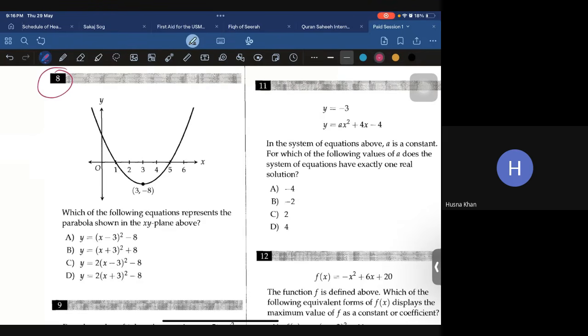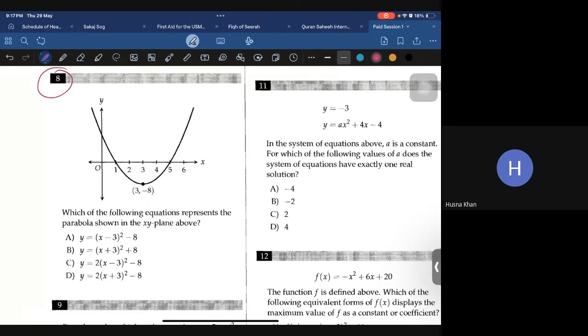ठीक है, some people are saying A, some are saying C. ठीक है, so let's see. So the first hint that they've given to us is, okay, the turning point is 3 comma minus 8.